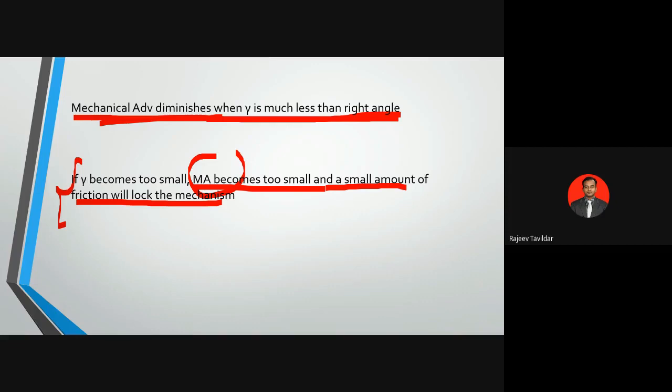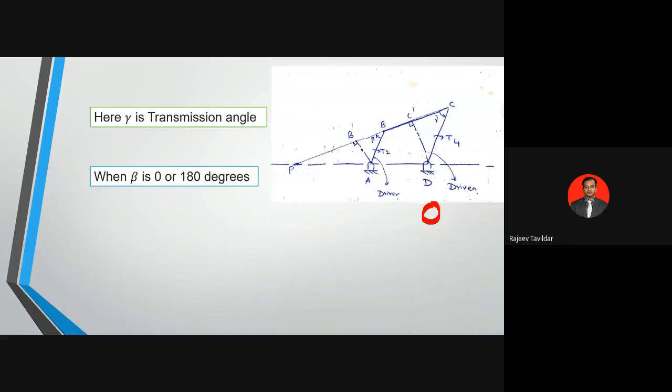Okay, so for a mechanism to lock 100%, your mechanical advantage must be zero. To lock your entire mechanism, mechanical advantage must be zero.